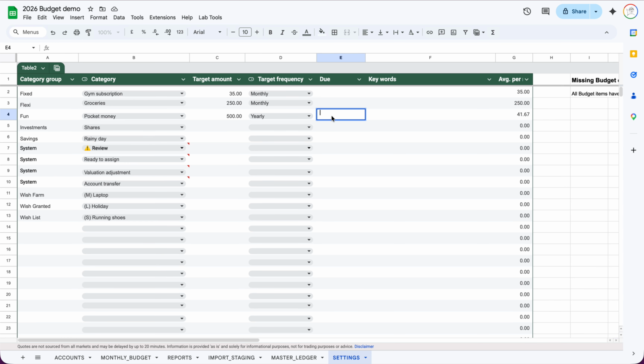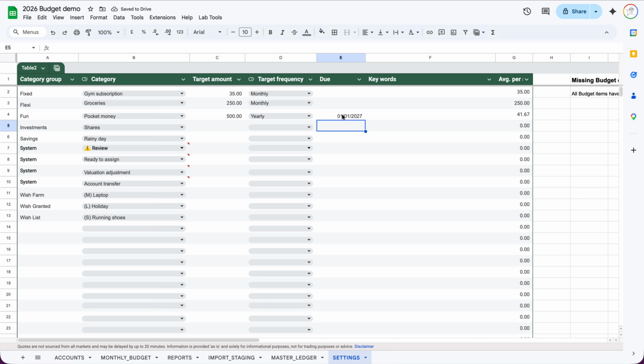And if I were to say this is due, we're currently in March, so let's say this is due on the 1st of Jan, I think I might have to say Jan 2027.